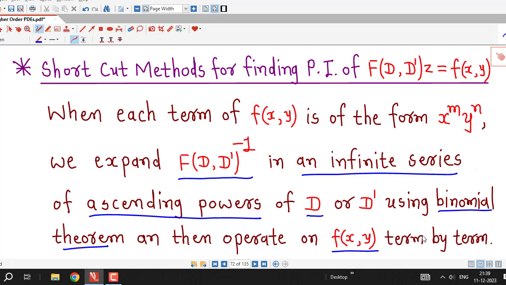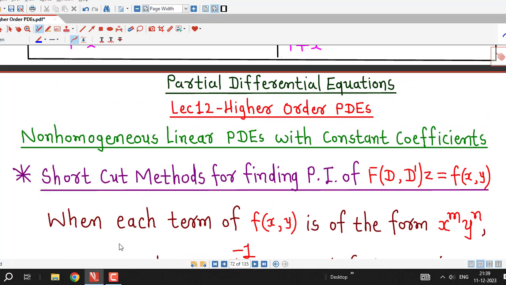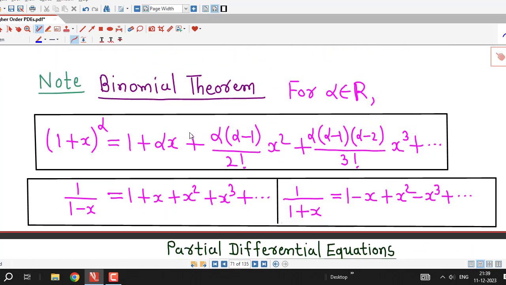So this we will understand with the help of an example, but before going for the method we just recall the binomial theorem. The binomial theorem is a representation of this type of function, 1 plus x raised to alpha, where alpha is any real number.